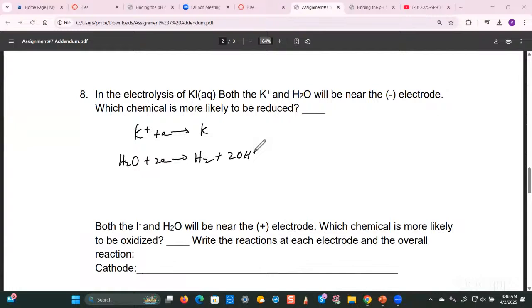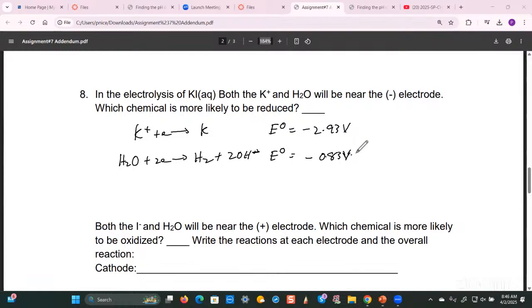So when I looked up the value for this here, the standard EMF value for that is minus 2.93 volts. And when I looked up the standard EMF for the water, that would be minus 0.83 volts. And we compare these two, and which one is higher in value or more positive?